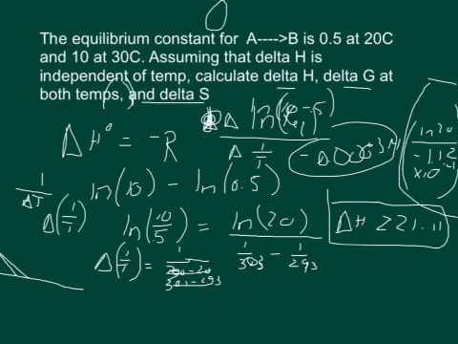So at this point we can calculate delta S. We know that delta G standard state at 20 degrees is equal to 1.69.